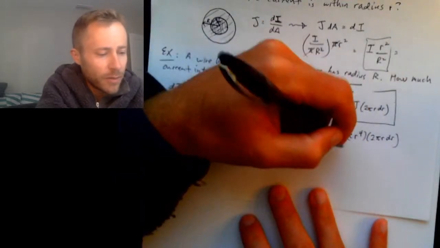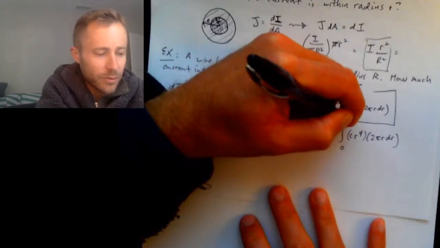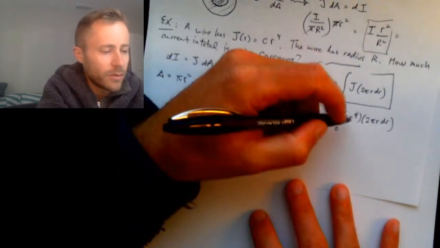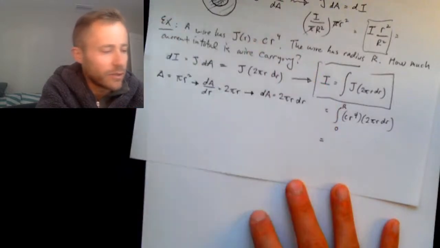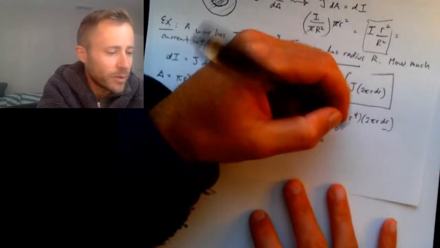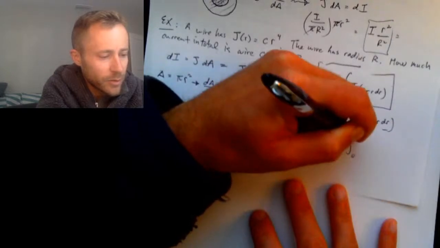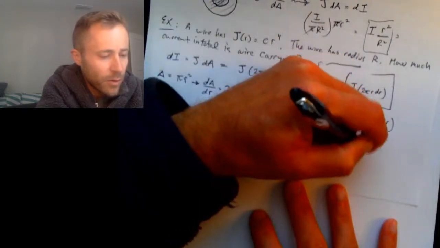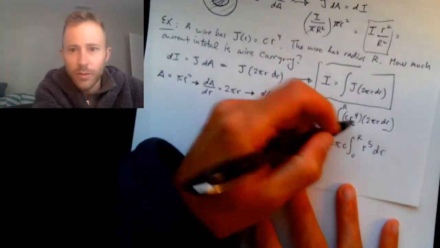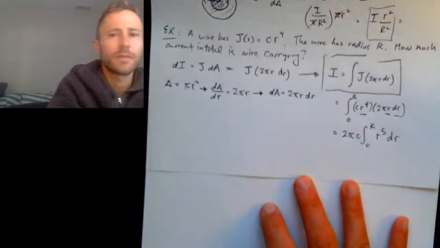So basically my integral is going to be from radius 0 to radius big R. Factoring out everything that does not depend on little r, our integration variable, gives us 2 pi c, integral from 0 to big R, of r to the 5th dr. So this r to the 4th multiplies with this r.